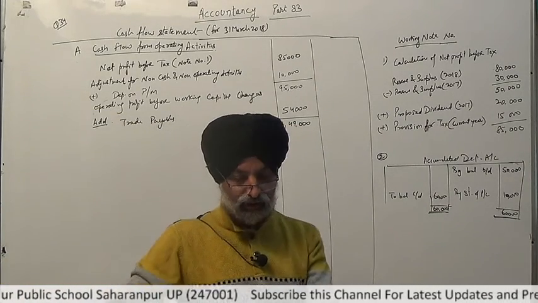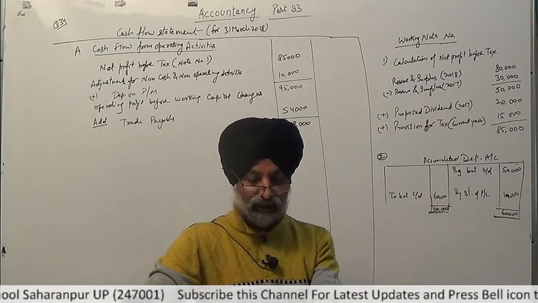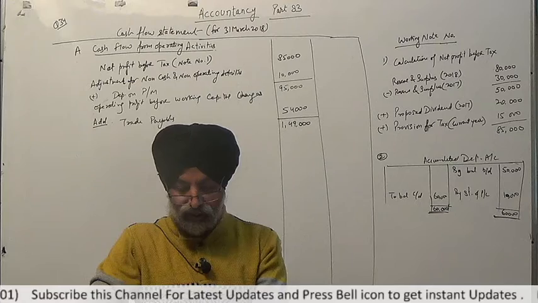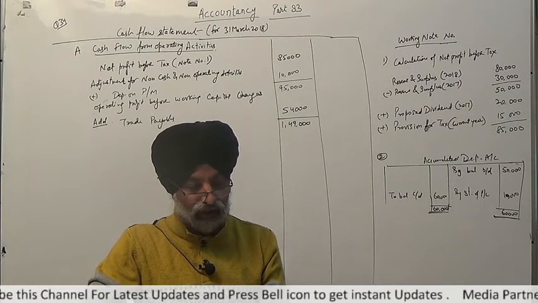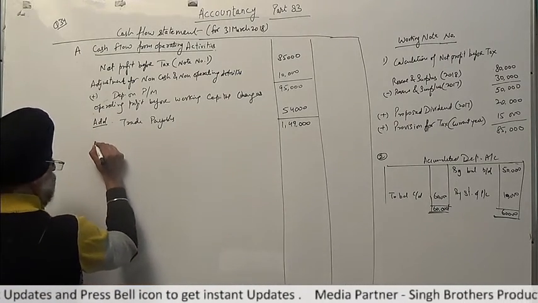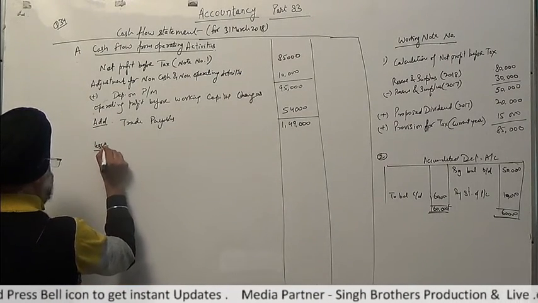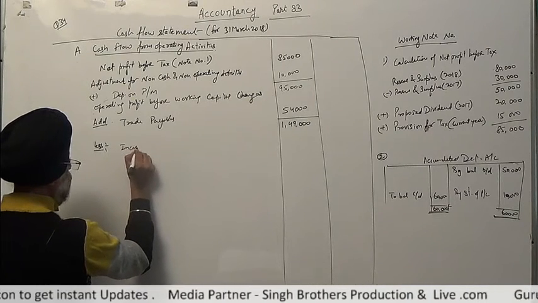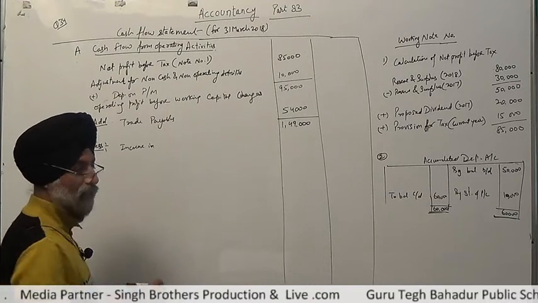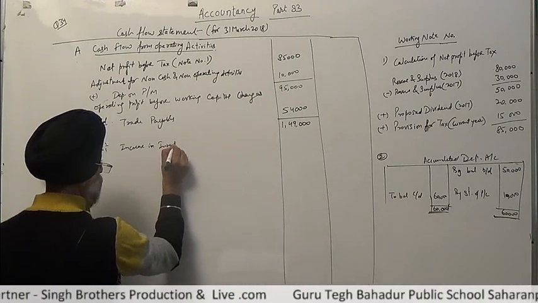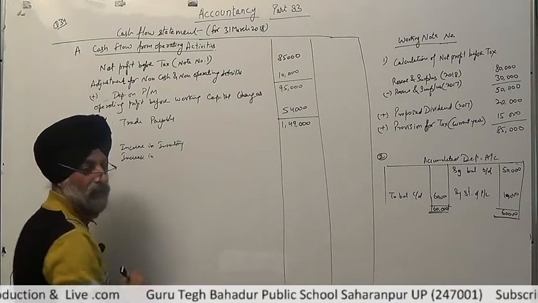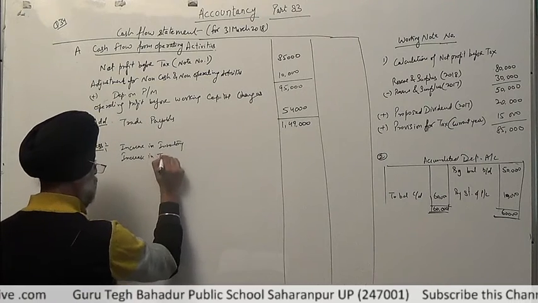Now after it, take increase in current assets and decrease in current liabilities. Increase in current assets: see in inventory, it is increased by 30,000 rupees, and trade receivables increased by 32,000 rupees. Sorry, inventory and trade receivables.